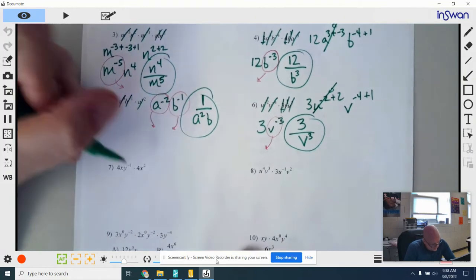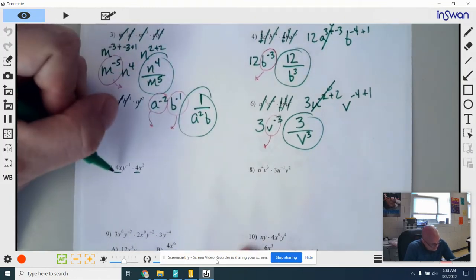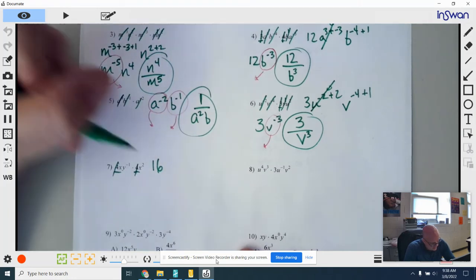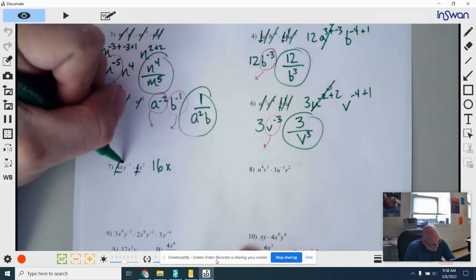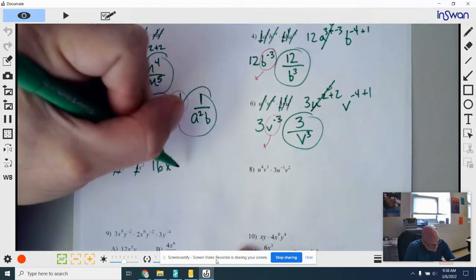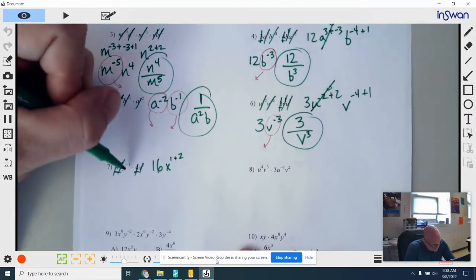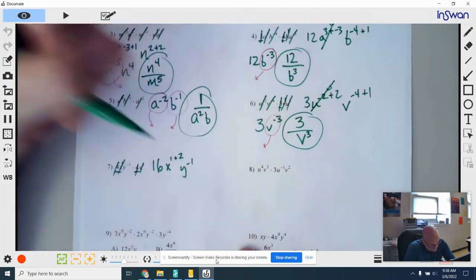Okay, number 7, multiply the coefficients together first. 4 times 4, 16. And let's handle our x's. So we got 1x here, so there's that 1, plus these 2, and then you only have 1y up there.